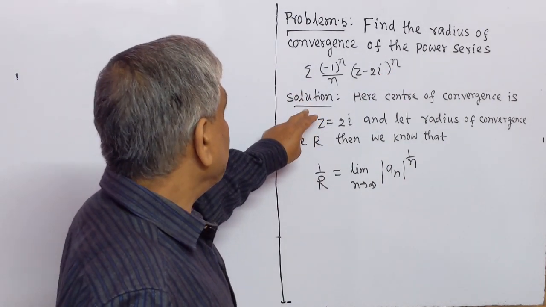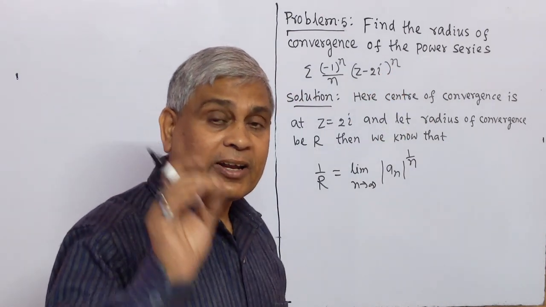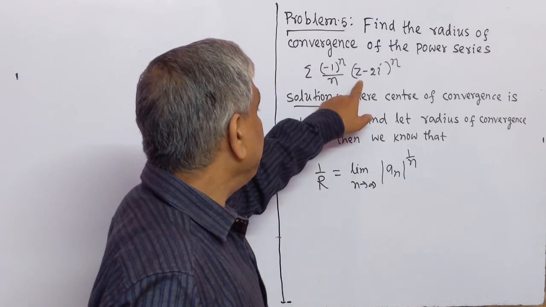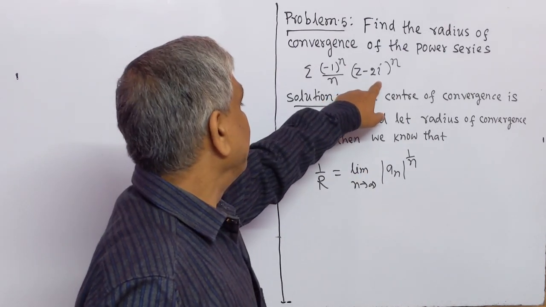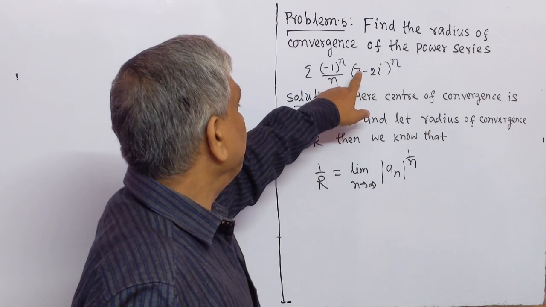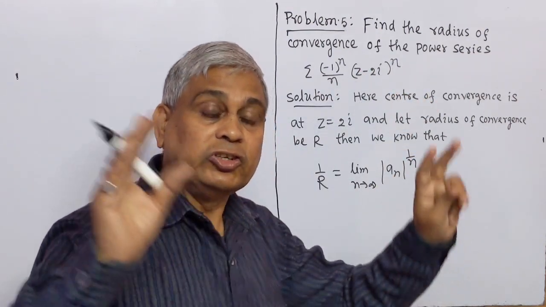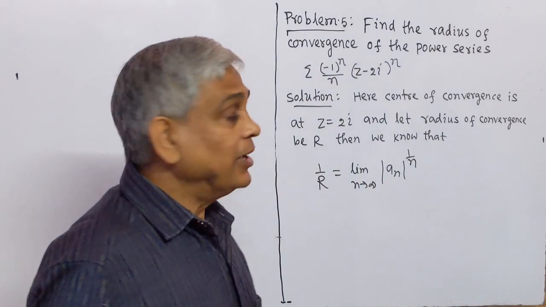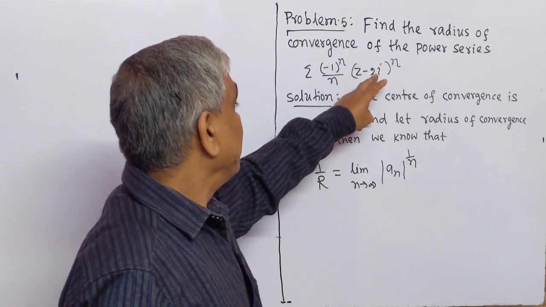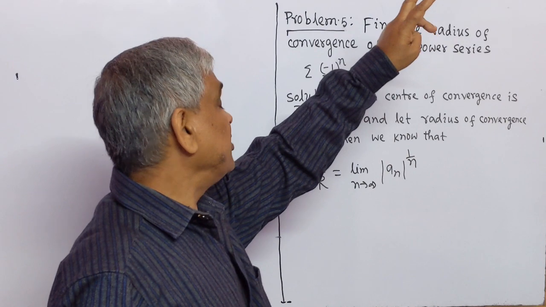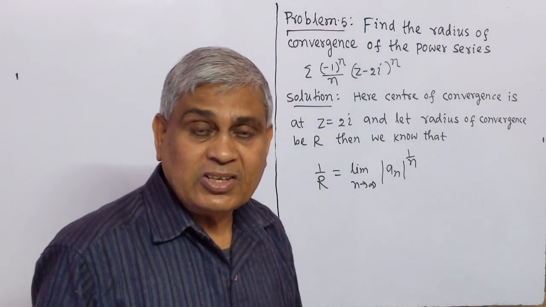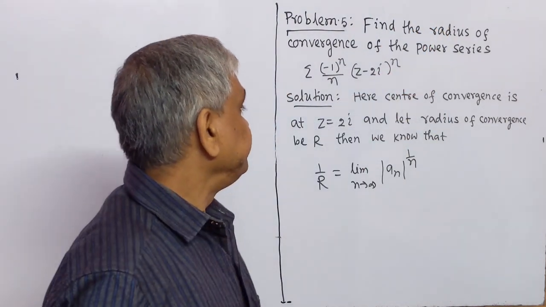Now we solve this. Here center of convergence is z equal to 2i. Generally we write in power series z to the power n, means z minus 0 to the power n. Here z minus 2i to the power n. That means center of convergence is z equal to 2i.